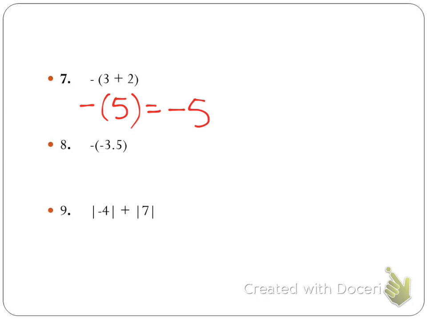Awesome. Number 8, the way I would read this in my head is the opposite of negative 3.5. The opposite of negative 3.5. Anyone able to help me out there? That I haven't heard from? Kelby, do you want to go again?